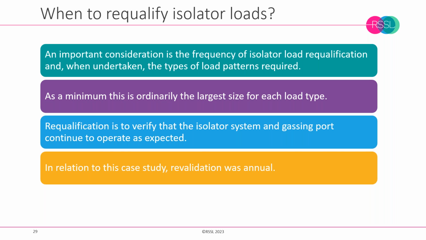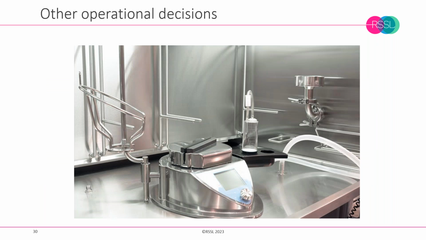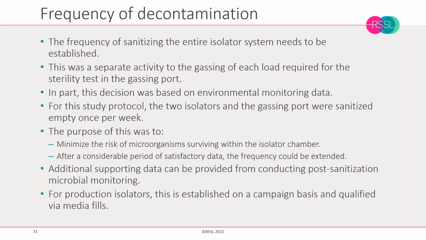Okay, so there's some other things that need to be considered and built into a rationale. So the first is the frequency of decontamination of an isolator. For aseptic processing, this can be done for every batch, or it can be done for a series of batches that form a campaign. For sterility testing, it would depend upon the mechanism of transferring items into the isolator.